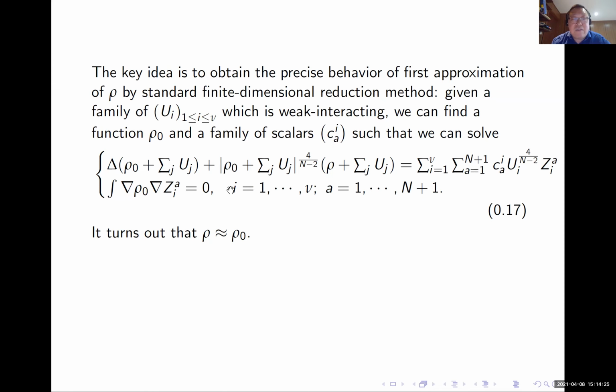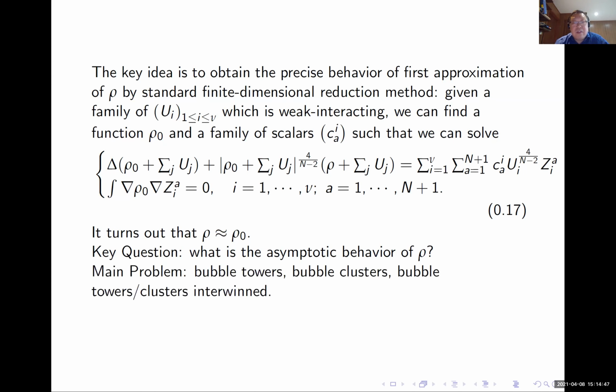This is the classical finite dimension reduction I introduced last week. But now the only problem is the critical power, right? So we need to compute the next order of this rho, and we need the asymptotic behavior of the rho, okay?